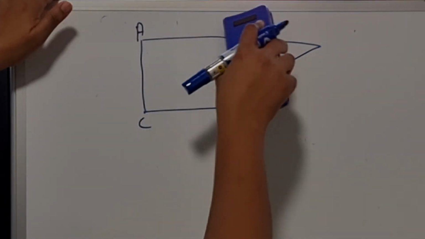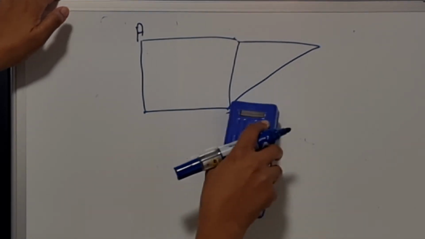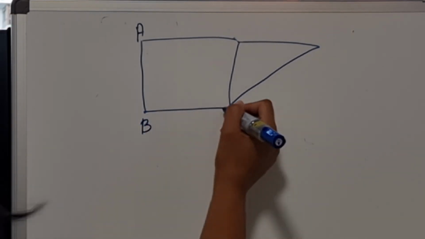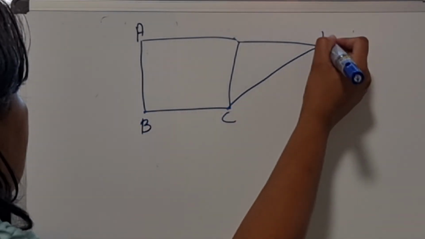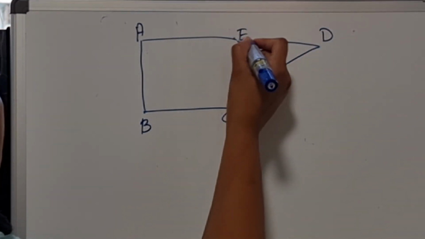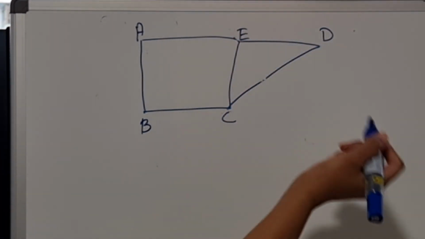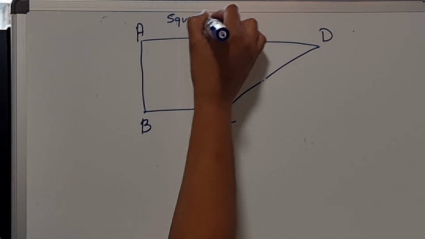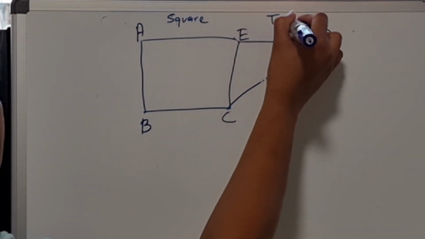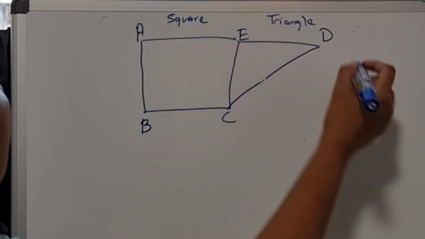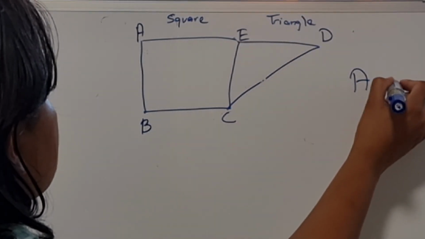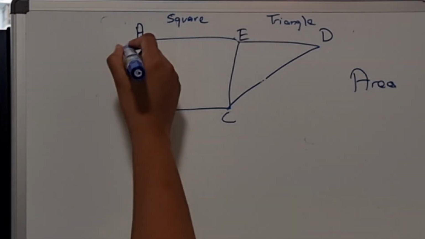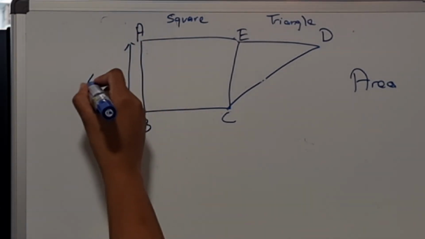Sorry, let me do this again. A, B, C, D, E. Okay, so this is a square. This is a triangle. Okay, and then you need to find the area. So let's fill in all the sides. They only give you 2 sides, 6 cm.